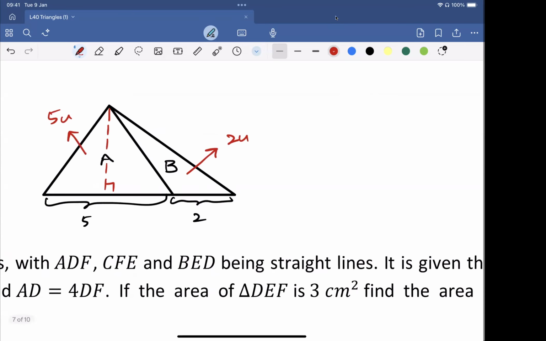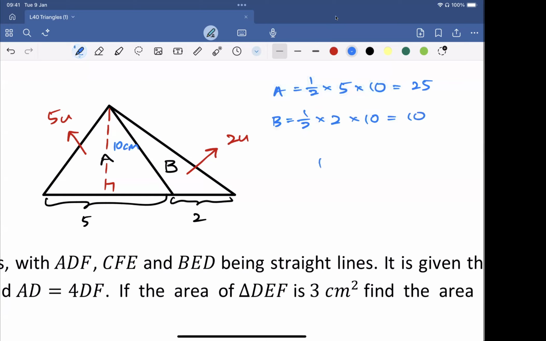Okay. You're not convinced, right? Come, let's try. Let's imagine that the height is 10 cm. So let's find the area of triangle A. Half times base times height. What do you get? 25. Let's do triangle B. Half times base times height equals 10.